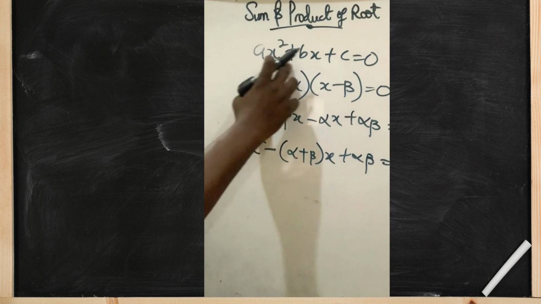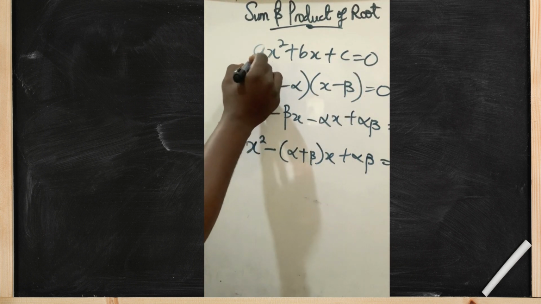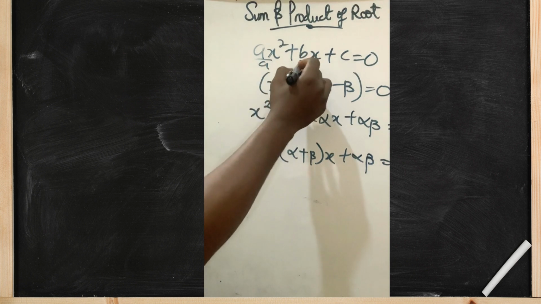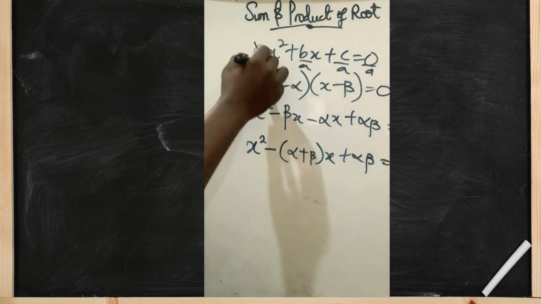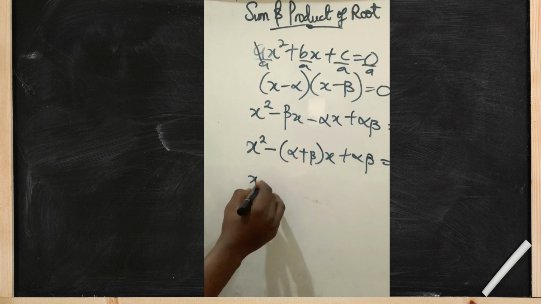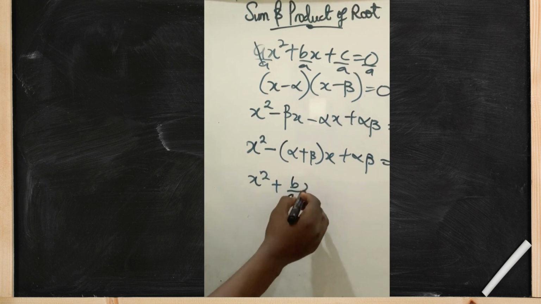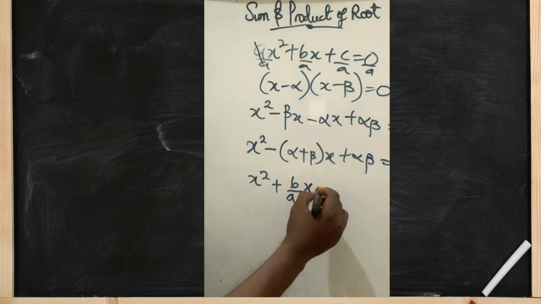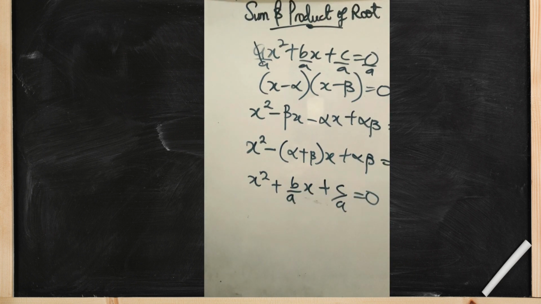So in order for us to make this equation similar to this, we need to divide by a all through, just the way we did in the completing the square method. By the time we do that, we have x squared plus b over a x, right, plus c over a equals 0.